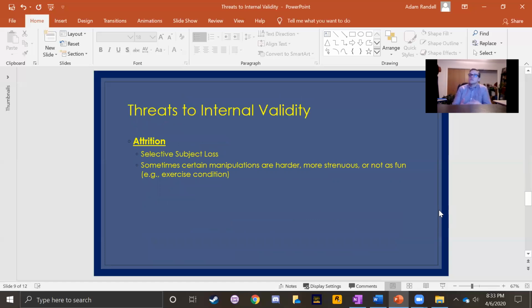Attrition, also known as selective subject loss. All right, sometimes certain manipulations are harder, more strenuous, more boring. For example, an exercise condition versus a no exercise condition. Well, because of these situations, people may drop out of those conditions at a higher rate.